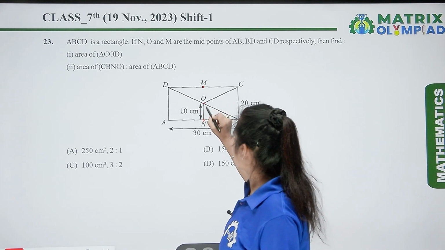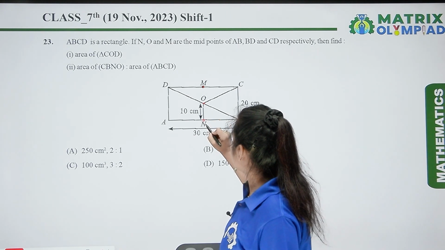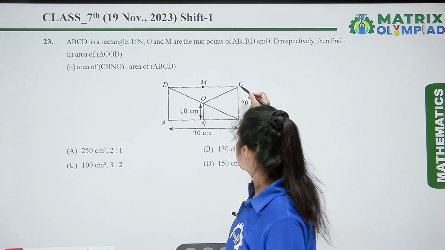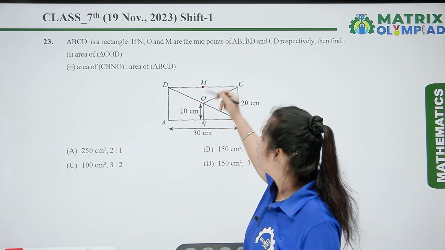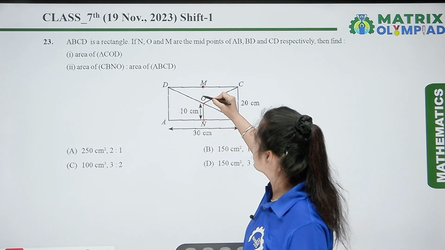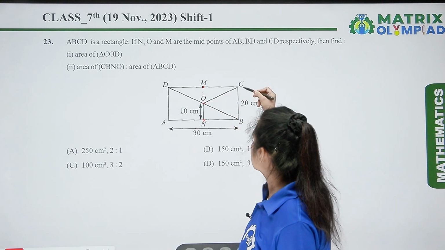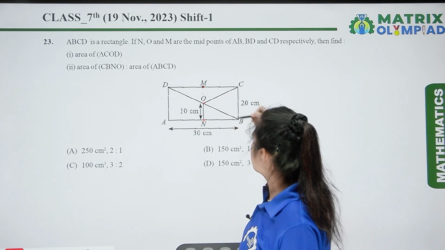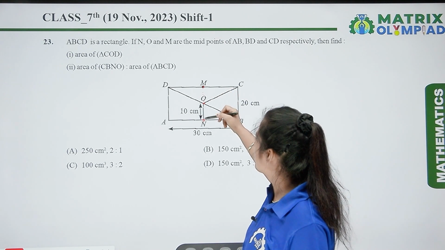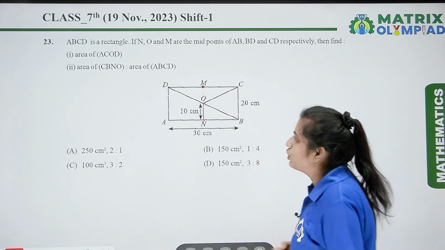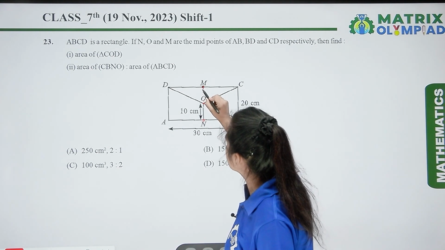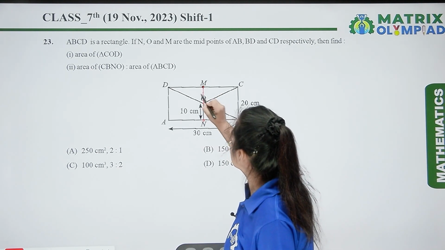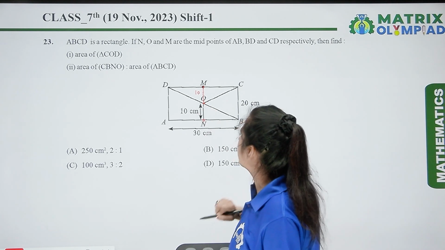So here we know that CB is parallel to BA, and if we construct this part, so CB is parallel to MN also. So here O is the midpoint. If this is 10 centimeter, then MO is also 10 centimeter.